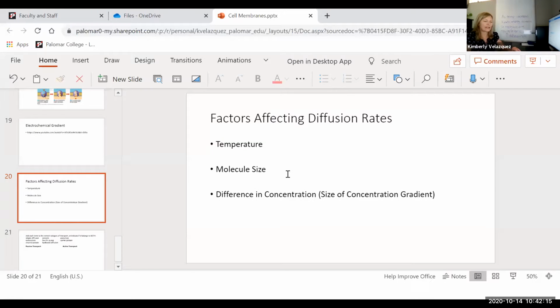The other thing that really affects diffusion rate is molecule size. So bigger molecules actually diffuse much slower than small molecules. So this is kind of an inverse relationship. The previous one would be a direct relationship: as one increases, the other one increases.